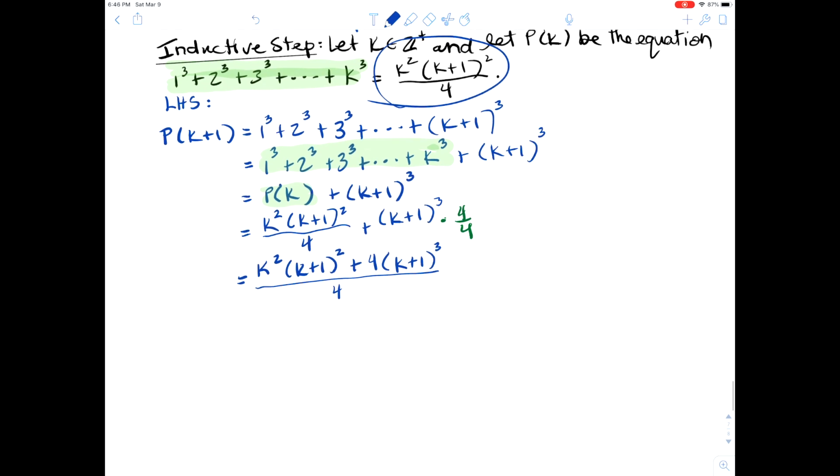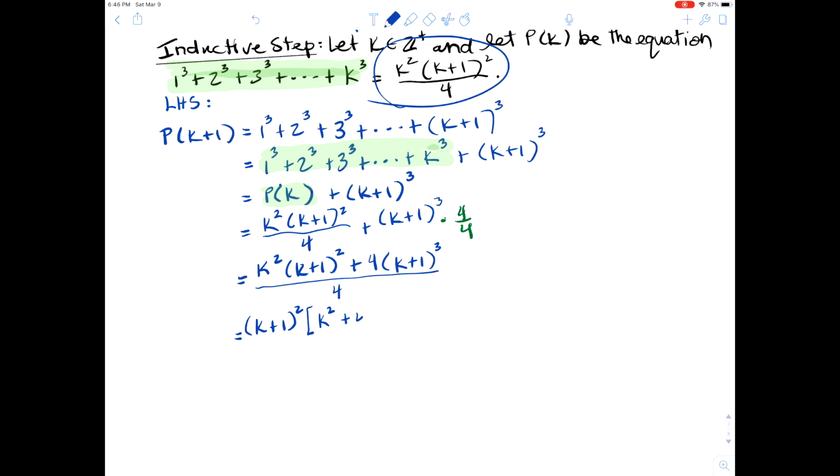Good so far? And now if I go ahead and factor out a factor of (k plus 1) squared, from the first part, I'll have k squared.